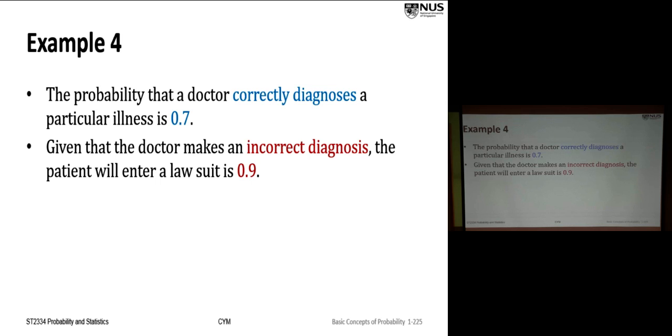Now, if the doctor makes an incorrect diagnosis, then the patient will file a lawsuit with chance 90%. So in this case, we have at least two events mentioned here: correct diagnosis and lawsuit.